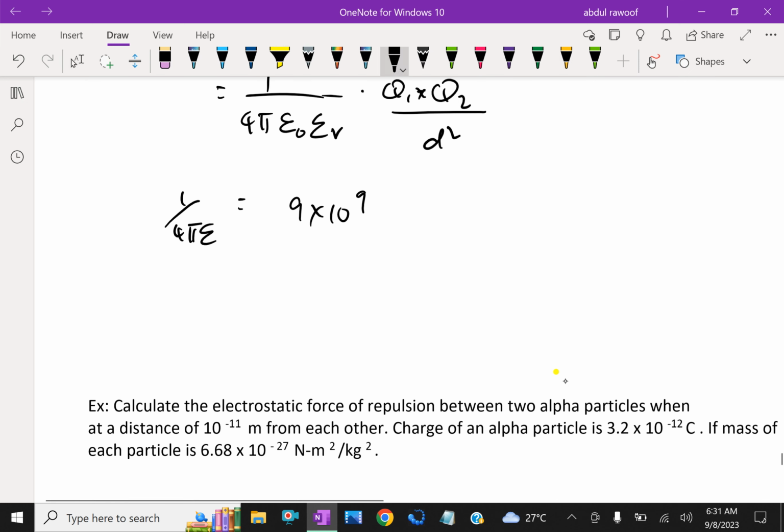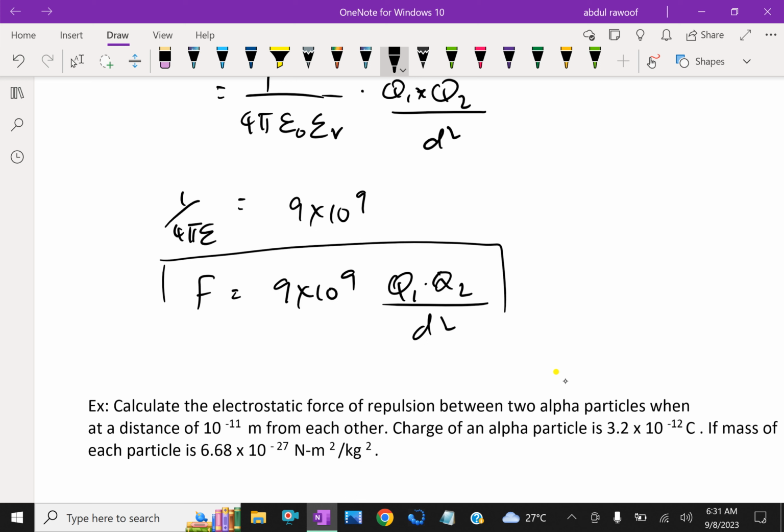Therefore, we can write the force as 9 into 10 power 9 into q1 q2 over d square in newton, where q1 and q2 are in coulombs, d is in meter, and F is force in newton.